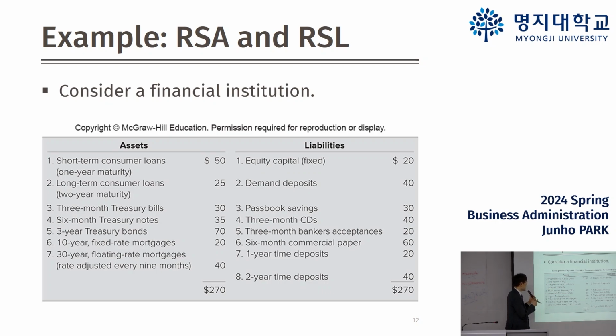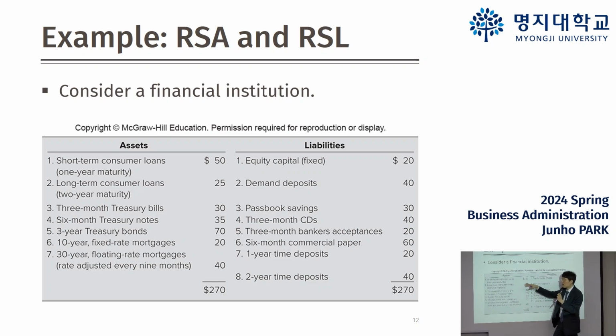On the contrary, we also have another consumer loans. However, we do not include the second one because it is long term. So we are only thinking about maturity less than 1 year. However, in the second item, the maturity is 2 years, so it is longer. So we don't have to worry for the short period of time. So we are not going to use it. We are not going to call it a rate sensitive asset.